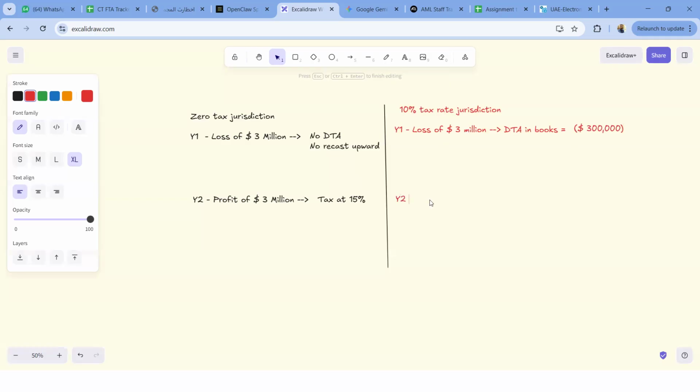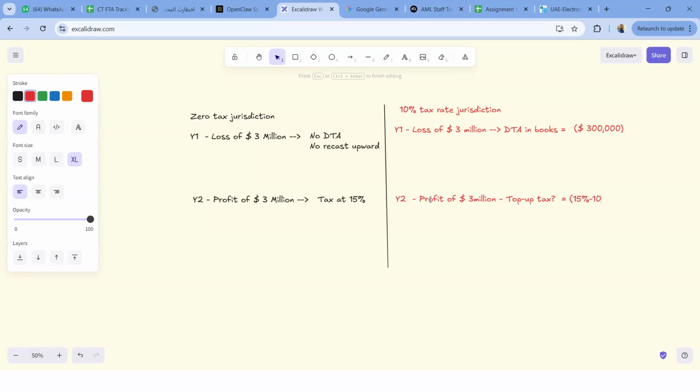In year two, this becomes a profit of 3 million. What is my top up tax? That is going to be 15% minus 10%, or 5%.